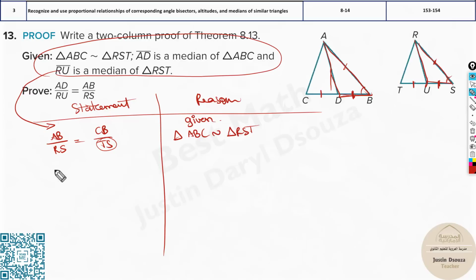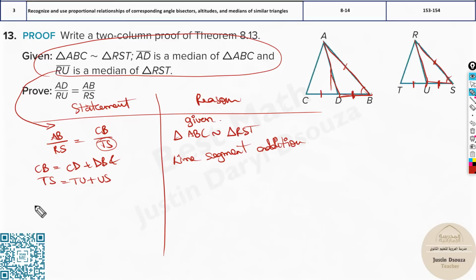Now what can I do? I know CB will be equal to CD plus DB and TS will be equal to TU plus US. Why is this? Line segment addition, you can write. And then over here, I know CD is equal to DB.